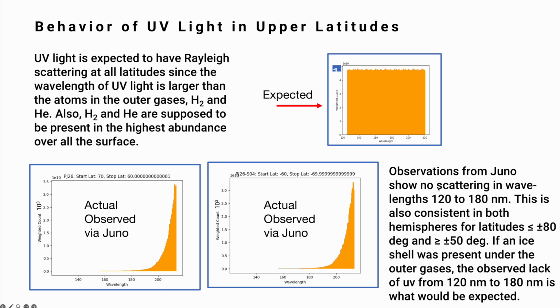Observations from Juno show no scattering in the wavelengths of 120 to 180 nanometers. If an ice shell was present under the outer gases, the observed lack of UV from 120 nanometers to 180 is what would be expected.